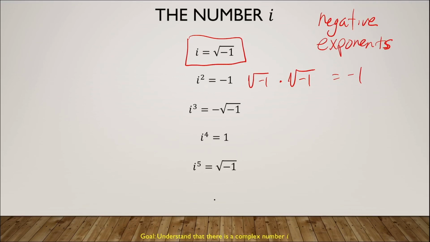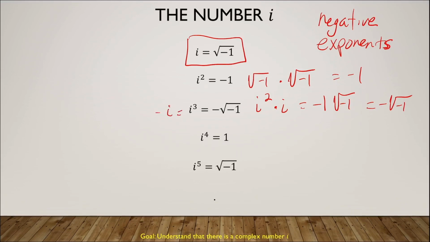And then we get i cubed equals i squared times i. So we know i squared is -1, and we know i is the square root of -1, which gives me negative square root of -1. We also talk about this as -i.